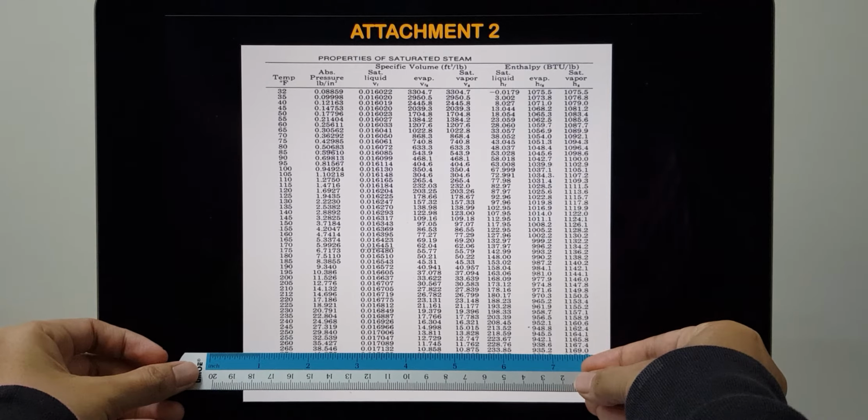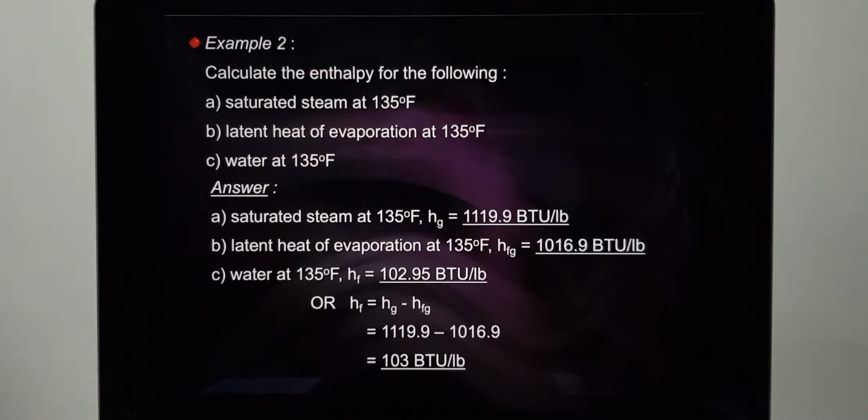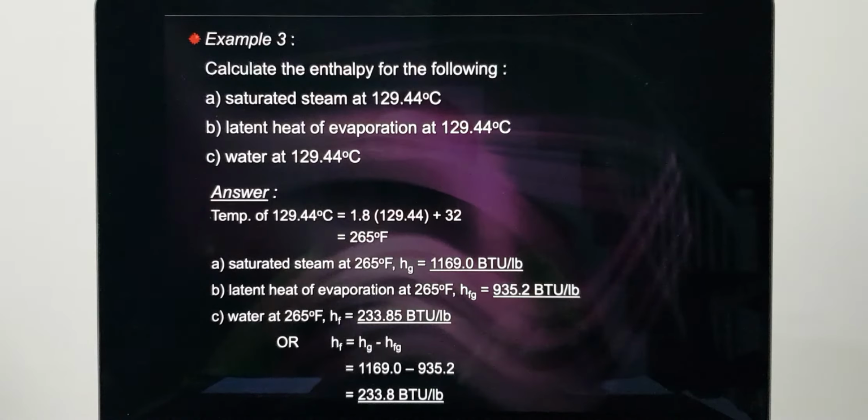This one is very clear cut because the temperature is available, so the value for the enthalpy is available as well. The value for the saturated steam Hg at 265 degree Fahrenheit is 1169 BTU per pound, whereby the latent heat of evaporation at 265 degree Fahrenheit, Hfg, is 935.2 BTU per pound.